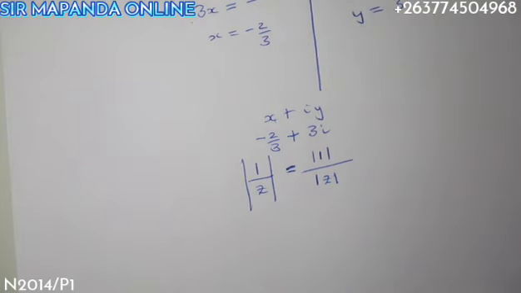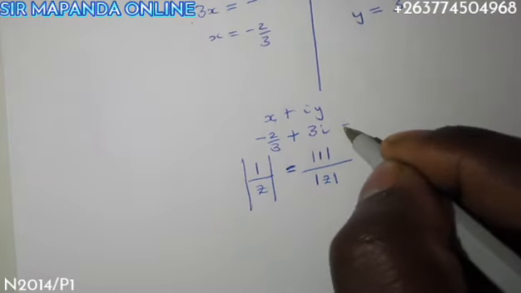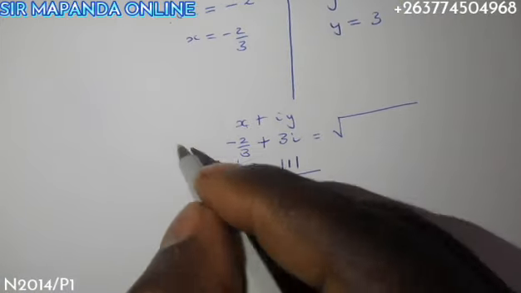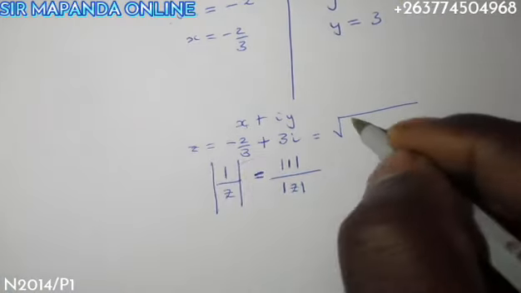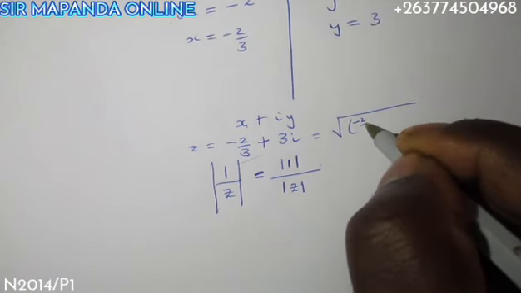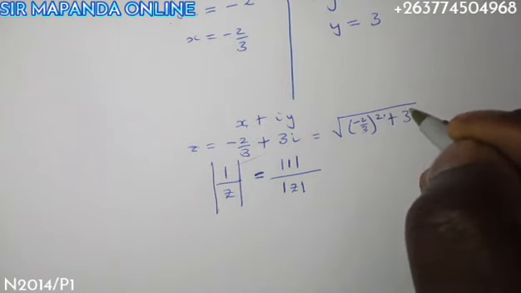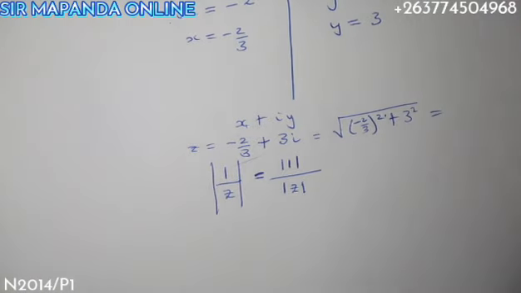I hope you are following. You can start by calculating the modulus of z using the z that we got in part A. This is minus 2 over 3 squared plus 3 squared. So you get 2 over 3 squared plus 3 squared. What do you get?